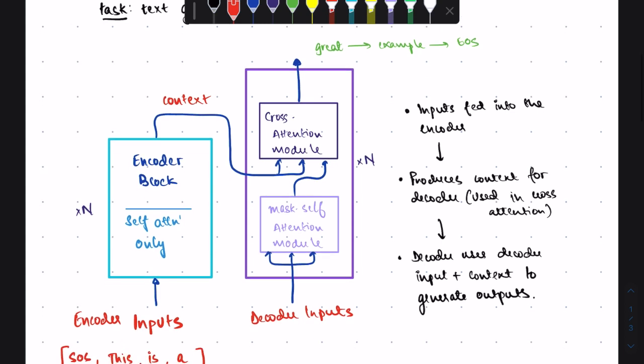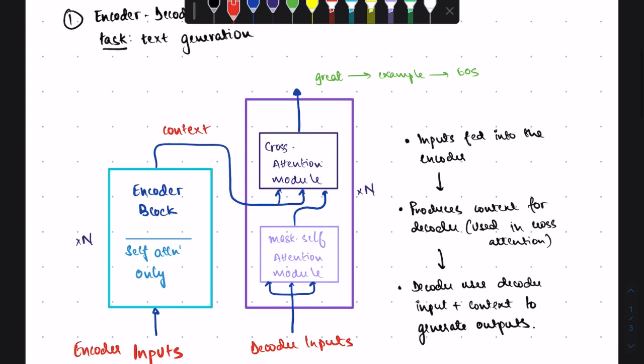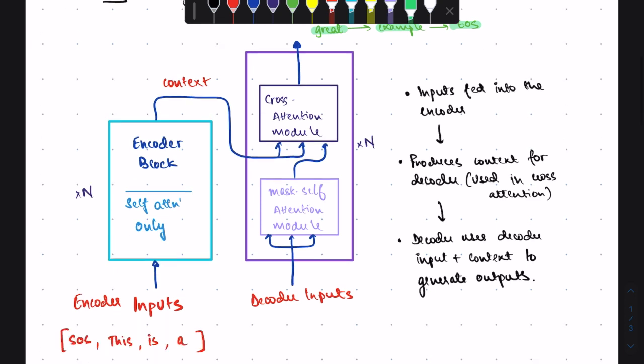Perhaps the goal is, once we give it SOS, which is start of sentence, and give it 3 tokens, we wanted to produce great, example, and EOS at the end. I mean, that's our goal here. So these are our 3 time steps for the goal vector that we want to produce. Right, so this is a vanilla transformer being used as a text generation model.